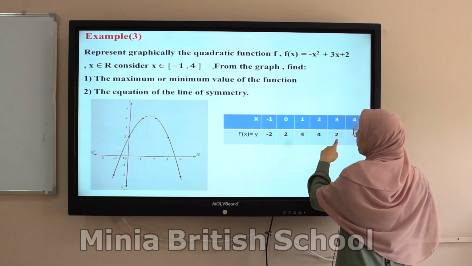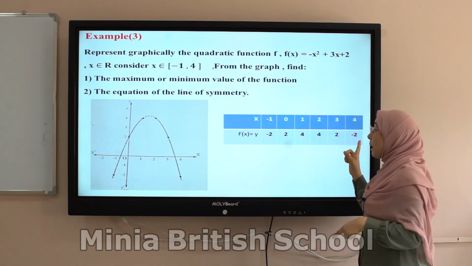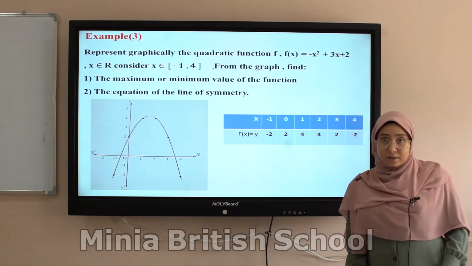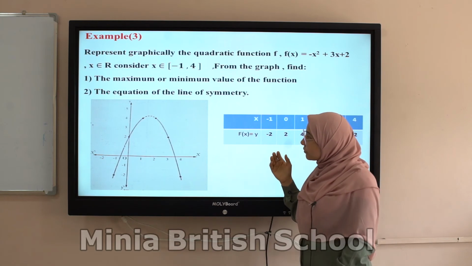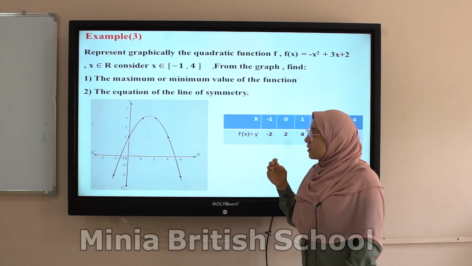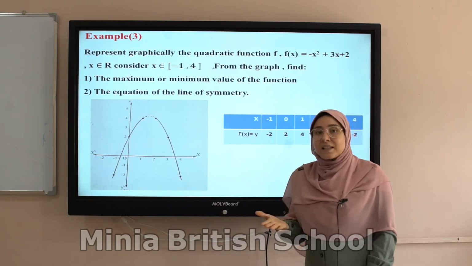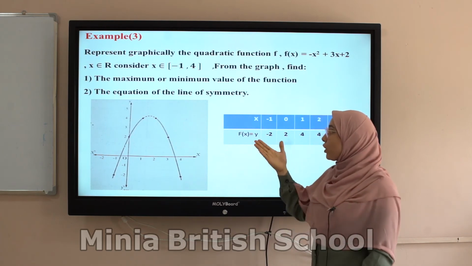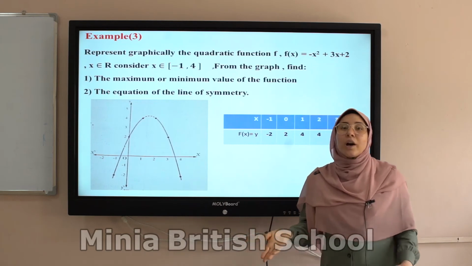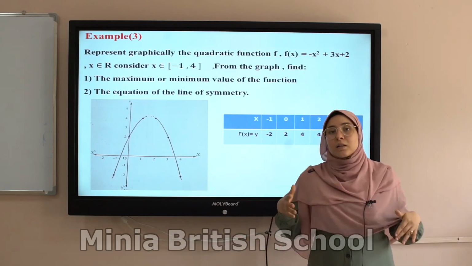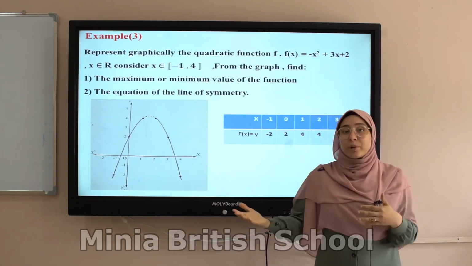So the vertex of the curve is not among these points, okay? And it is not easy to determine the vertex of the curve from the graph. So I will calculate it algebraically.